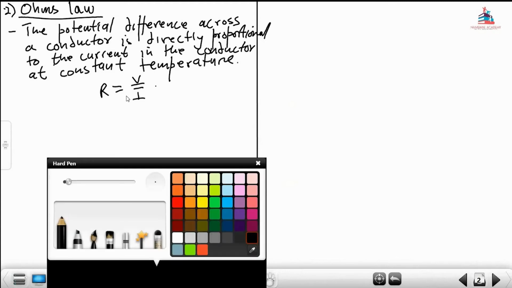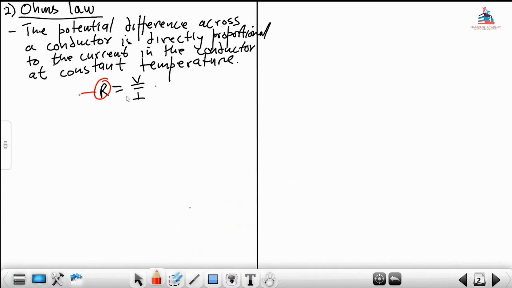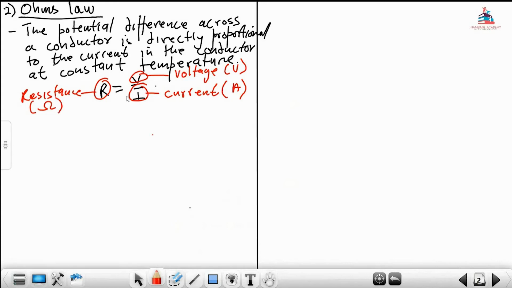So let's further explain what each one is representing here. R is for resistance, I is for current, and V is for voltage or potential difference. V is measured in volts, I is measured in amperes, and R is measured in ohms.